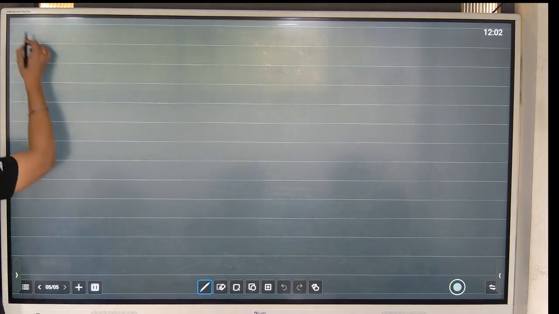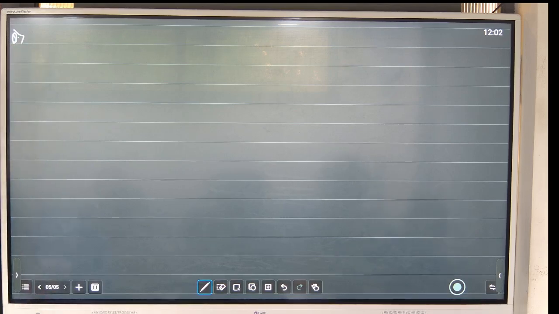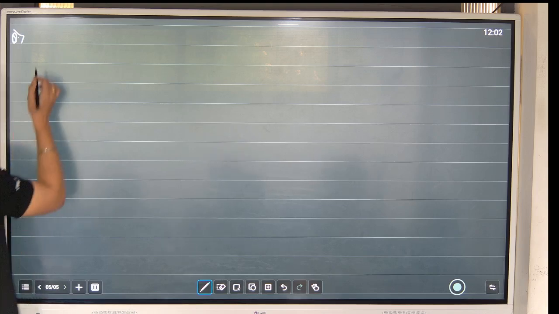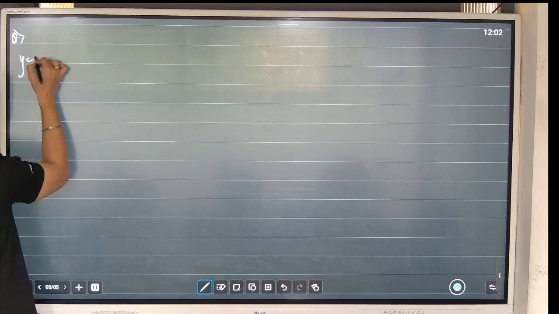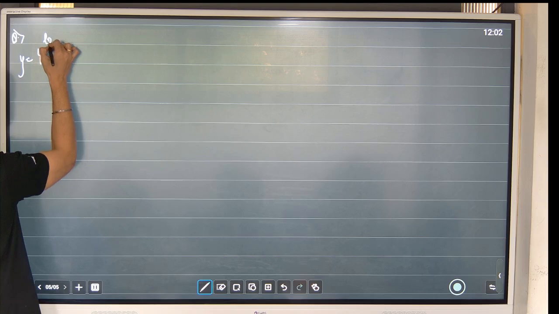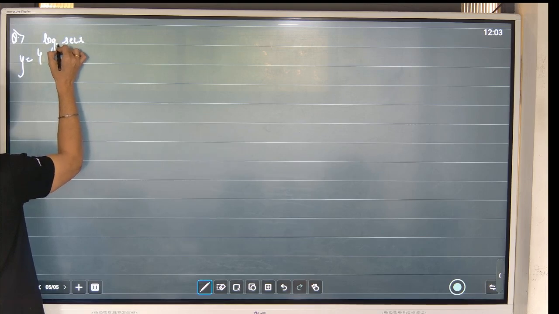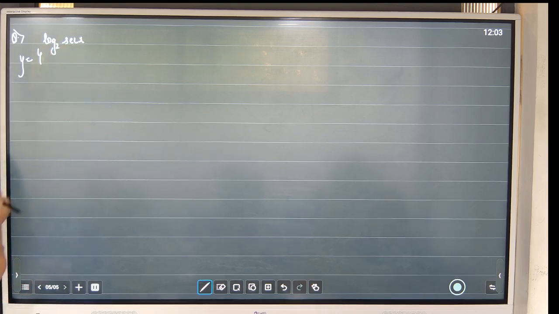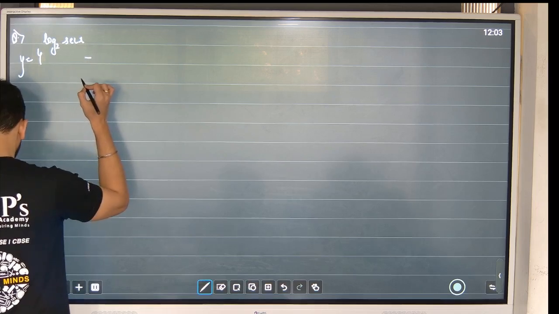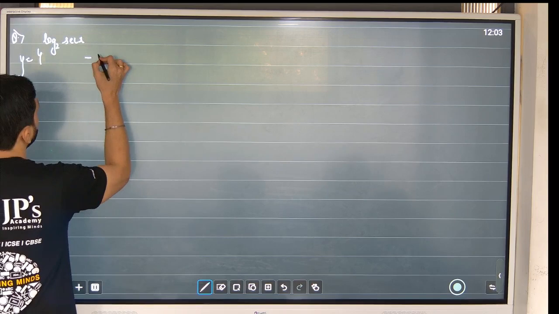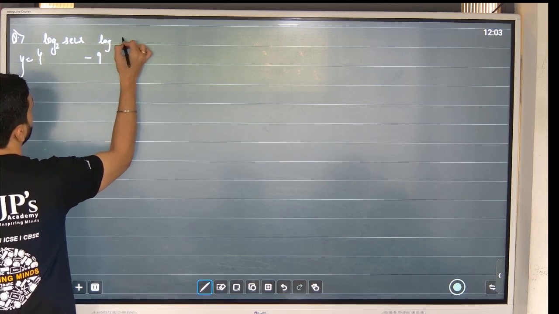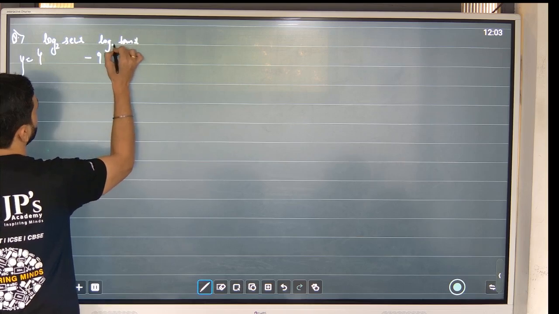Now, depending on how the question is, we change and manipulate the question accordingly. First of all, imagine my question is this: y is equal to 4 log sec x to the base 2, minus 9 log tan x to the base 3.